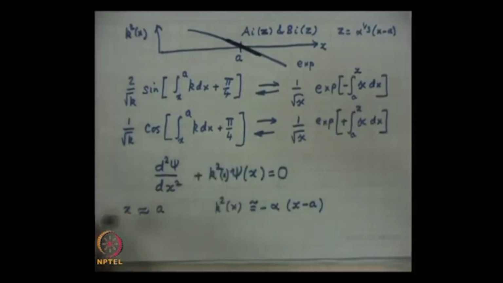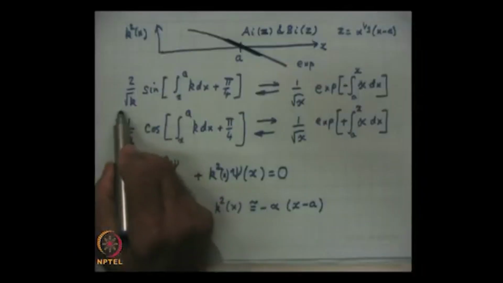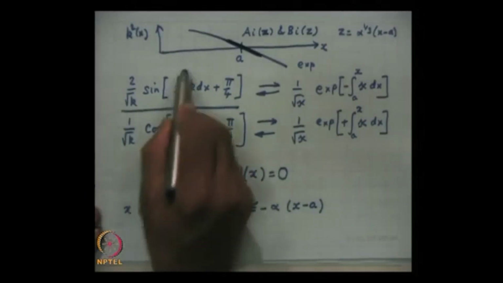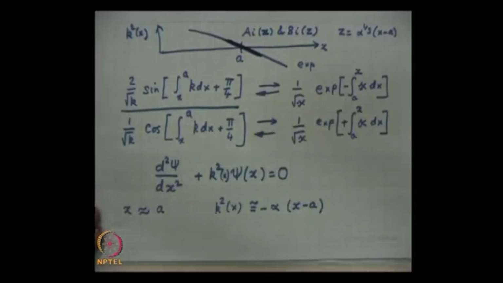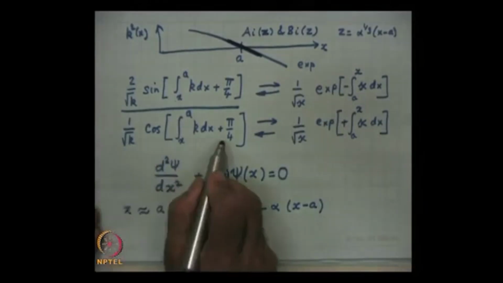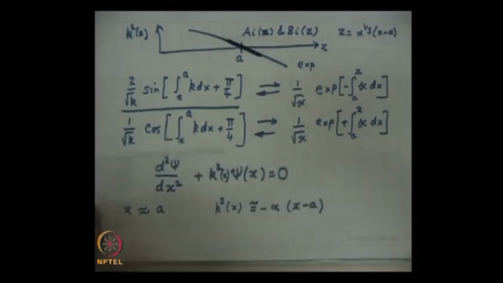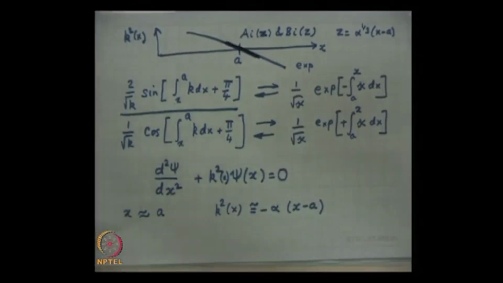and we showed by comparing the WKB solutions with the exact asymptotic forms, we found that the sine term will go over to an exponentially decaying solution, and the cos term will go over to an exponentially amplifying solution. So, this is the justification.